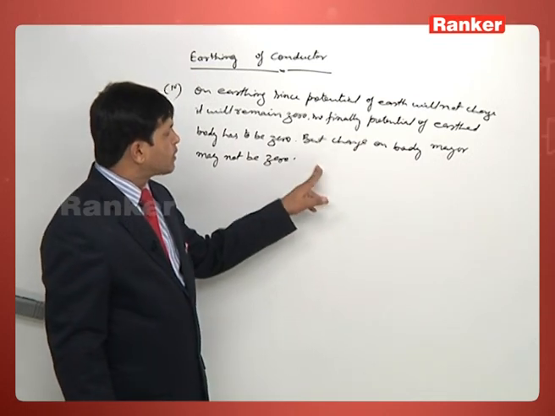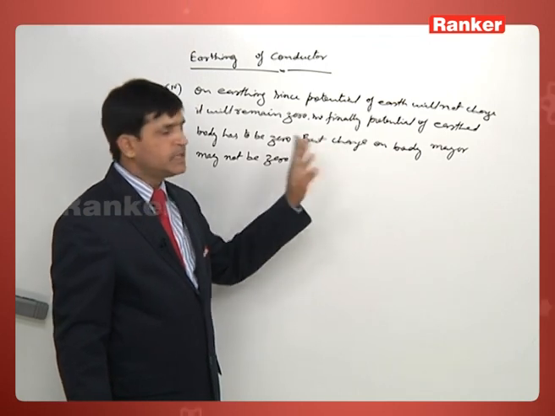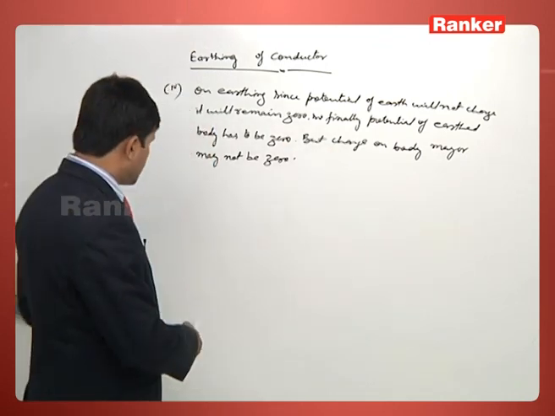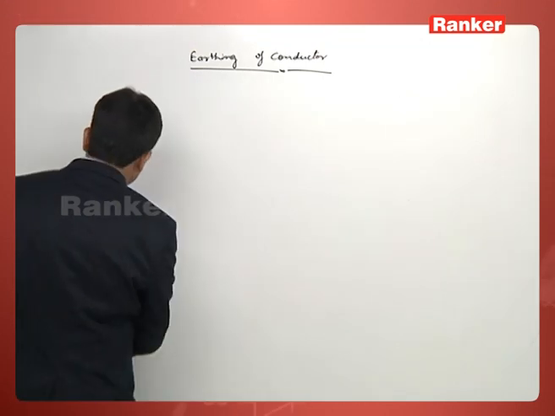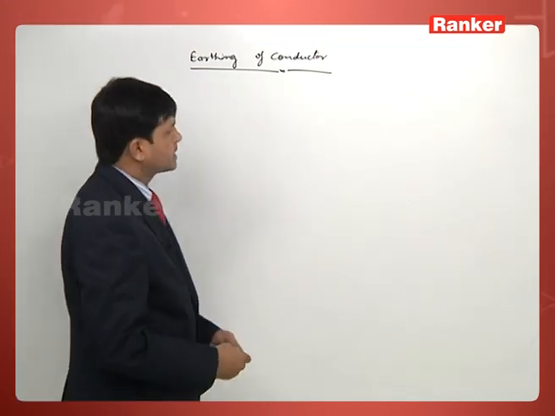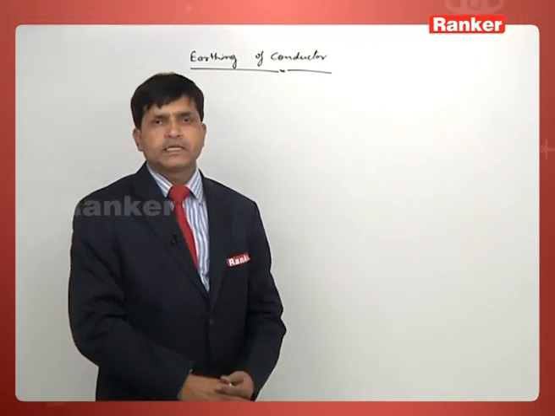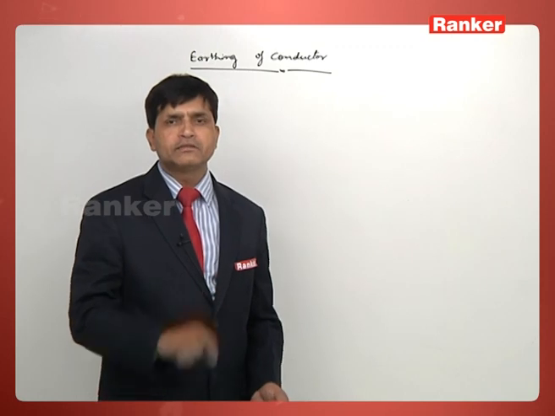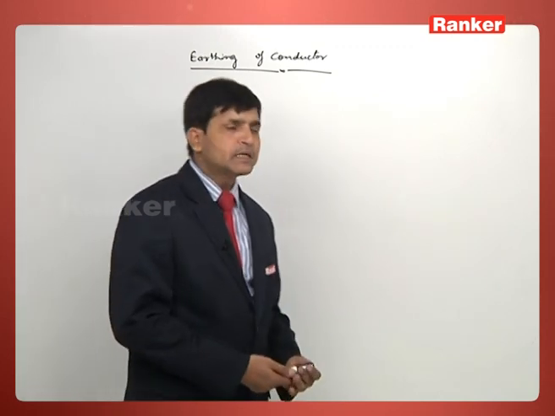So in that process the charge on a body may or may not be 0. Let's see 2-3 situations, from which we can get an idea. In the first 2 cases we will consider, in one case the potential is 0 and the charge is also 0, but in another case we will see the potential is 0 but the charge is not 0.